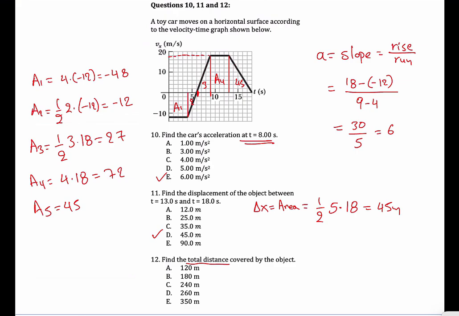So we will ignore the signs, so we have to actually add the absolute values of all of these areas. So 48 plus 12 plus 27 plus 72 plus 45, the result is 177, the closest value is 180 meters. We could check our calculations one more time, but I believe that the answer is correct.